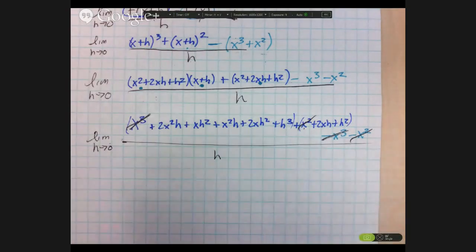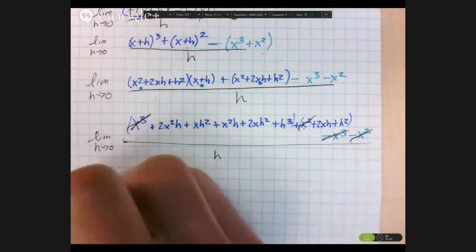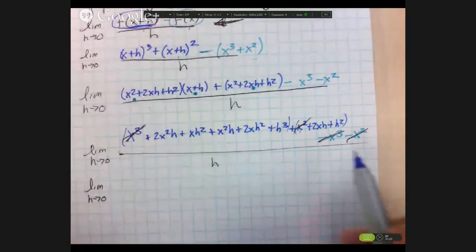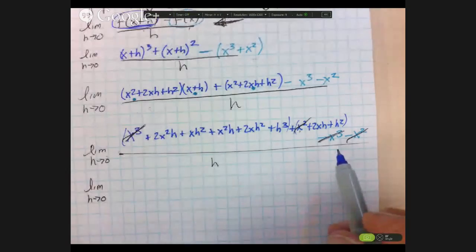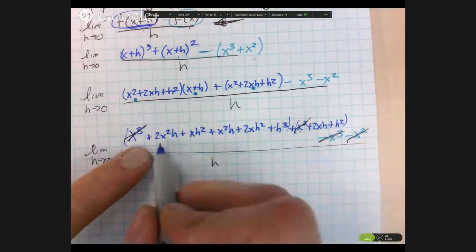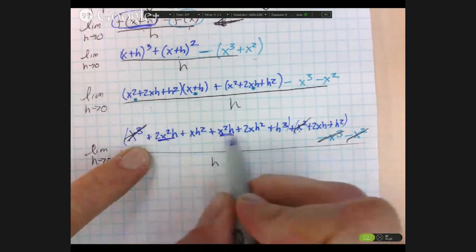That's it. Okay, these two here can combine, right?